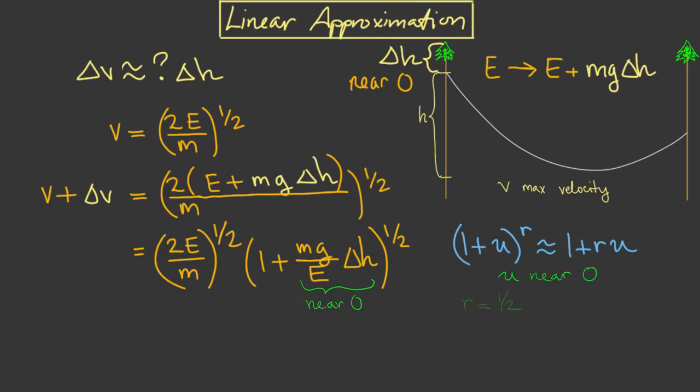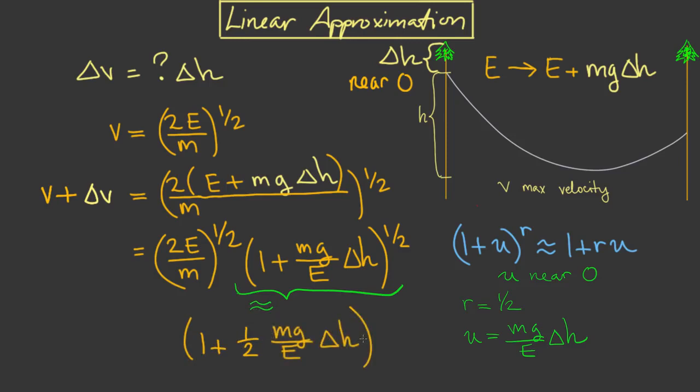So if we substitute 1/2 for r and mg delta h over E for u, we get that (1 plus mg over E delta h) to the 1/2 power is approximately equal to 1 plus 1/2 times mg delta h over E.